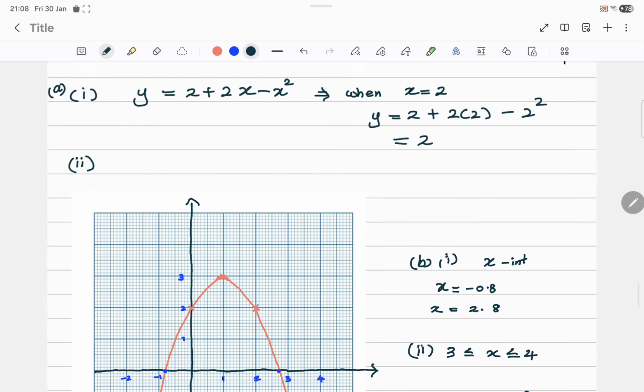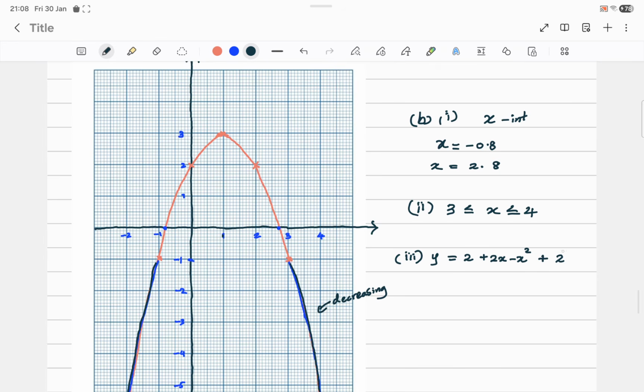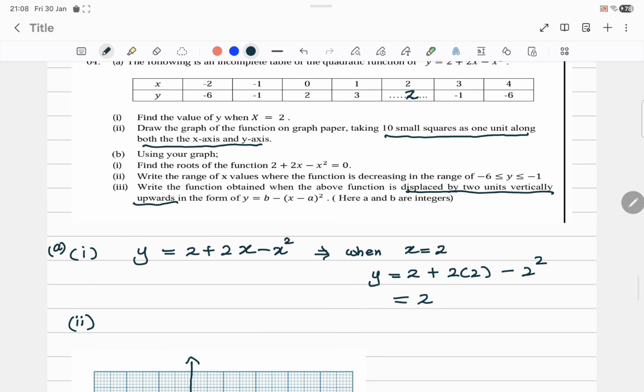If you are displacing it upwards by 2 units, that means it's a vertical transformation, vertical shift. So you have to add plus 2 to the y values. So then we have to do what? Write it in this form, complete the square form.